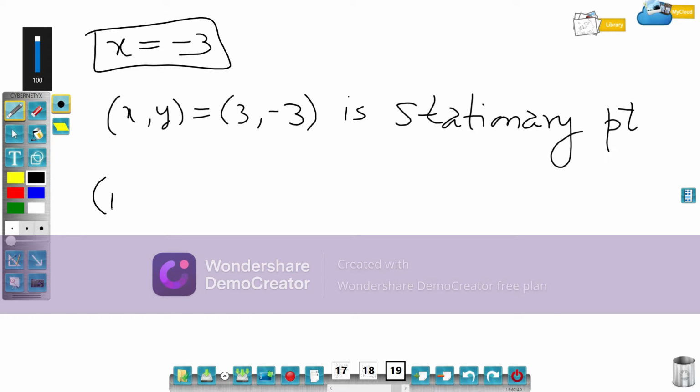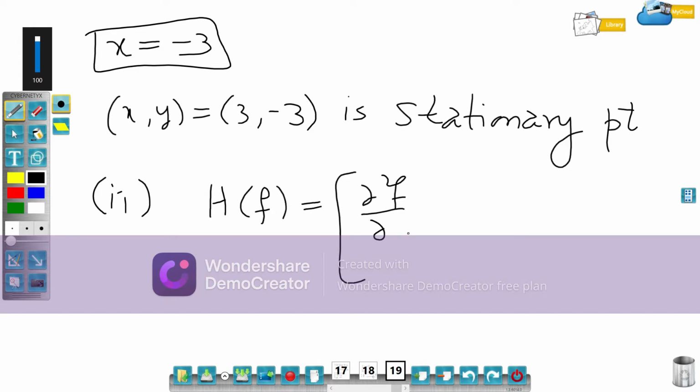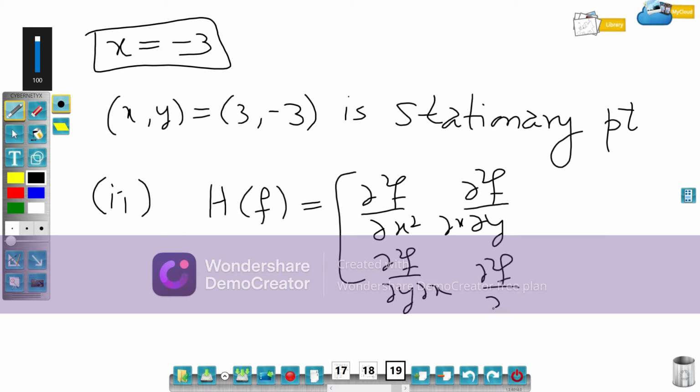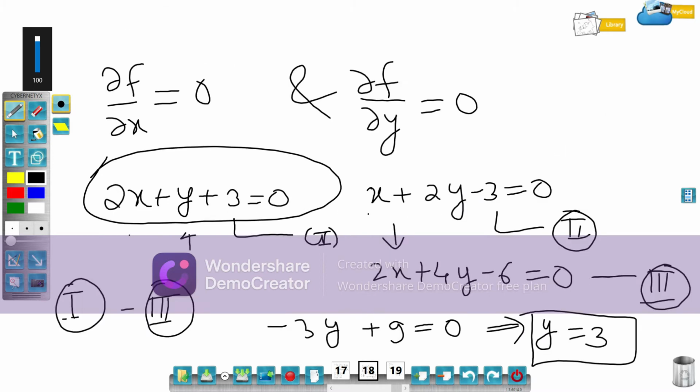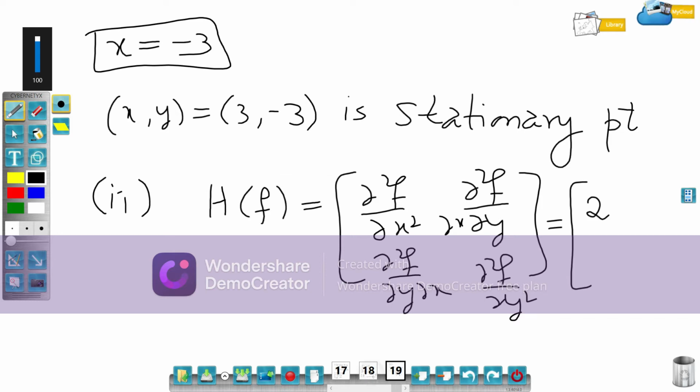Now the second step is you find the Hessian matrix of f, which is dou 2f upon dou x square, dou 2f upon dou x dou y, dou 2f upon dou y dou x, dou 2f upon dou y square. So dou 2f upon dou x square, we have already calculated. If I differentiate this one more, it will be 2.